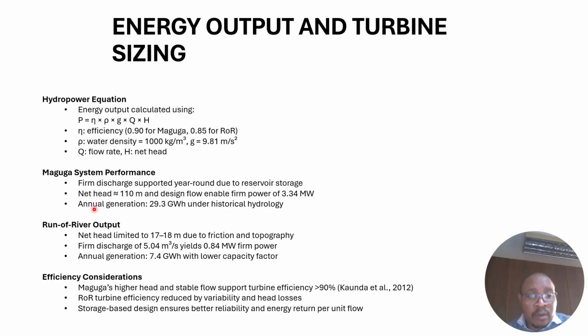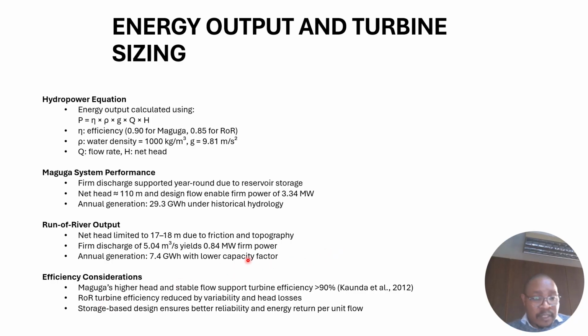Then if we look at the run-of-river output, the net head is limited to 17 to 18 meters due to friction and the topography. And then, as I said, the firm discharge yield is 5.04 cubic meters per second, with an annual generation of 7.4 gigawatt-hours and a lower capacity factor.